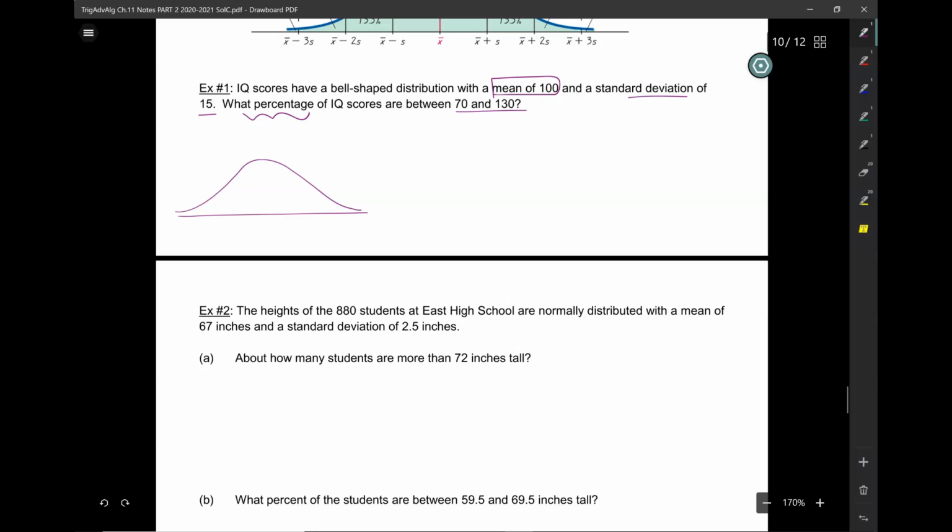Bell curve, the middle is the mean. This is 100. Standard deviation is 15. So if I go one standard deviation to the right, it's 115, and to the left, it's 85. I want to reach 70 and 130, so I've got to go one more.